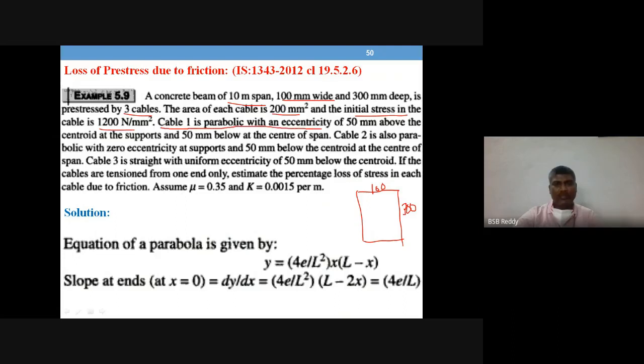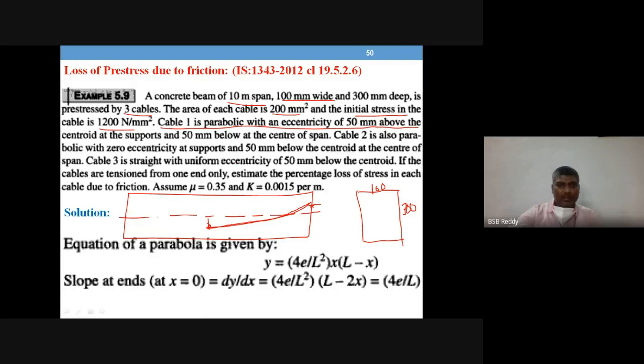Cable 1 is parabolic with eccentricity 50 above centroid at the supports, and 50 below at the center of span. So the first cable has 50 above eccentricity. This is the centroid of concrete. So the first cable is 50 above and 50 below, so this is how the cable is curved, 50 above and 50 below the CG line.